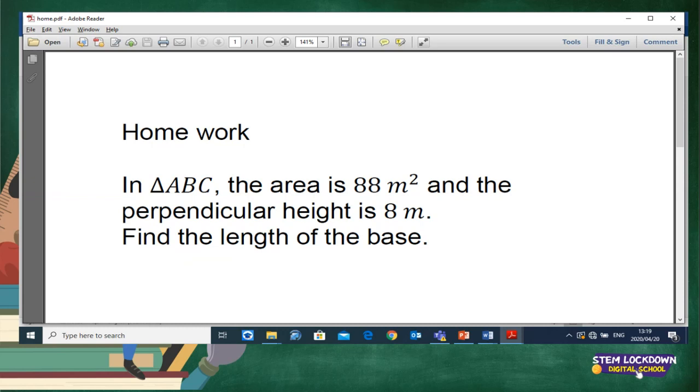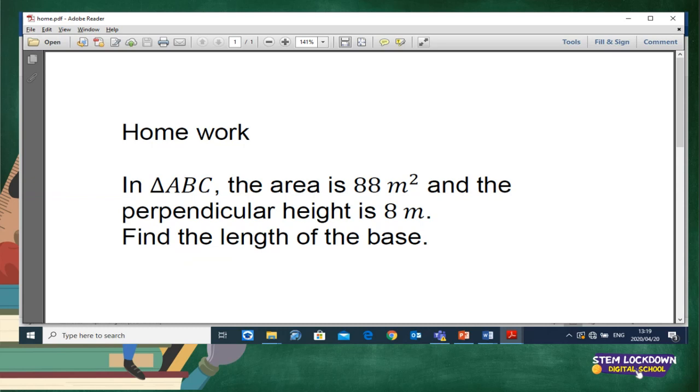If you look at this triangle that is given here, the area is 88 square meters. You are also given the perpendicular height, which is 8 meters. And of course, you have to now find the base. How will you find the base?